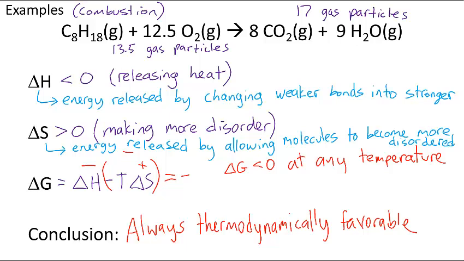So that's the way we can interpret this delta G as the amount of usable energy from a reaction. Is that each of these components, enthalpy and entropy, they each have their cost or their benefit depending on which direction they go.